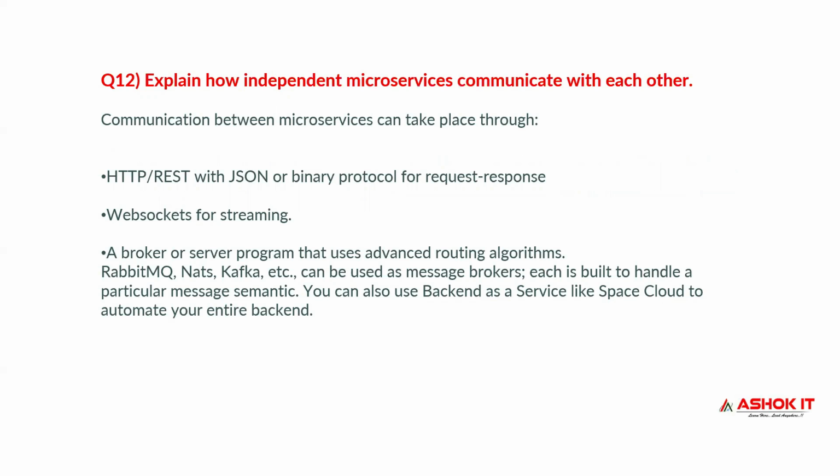We use WebSockets for streaming, and also a broker or server program that uses an advanced routing algorithm. RabbitMQ, NATS, Kafka, etc. can also be used as message brokers. Each is built to handle a particular message semantic. You can also use a backend as a service like Space Cloud to automate the entire backend. Let's move to the next question.